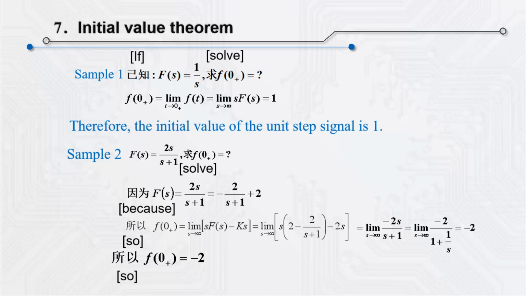Subtract k, and according to f(0+) equals the limit of s times F(s) as s tends to infinity, we replace the value of F(s) and can get f(0+). After the operation, f(0+) equals negative 2, so the value of f at 0 positive is minus 2.